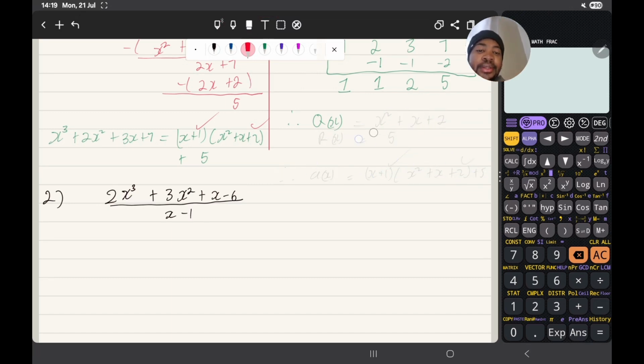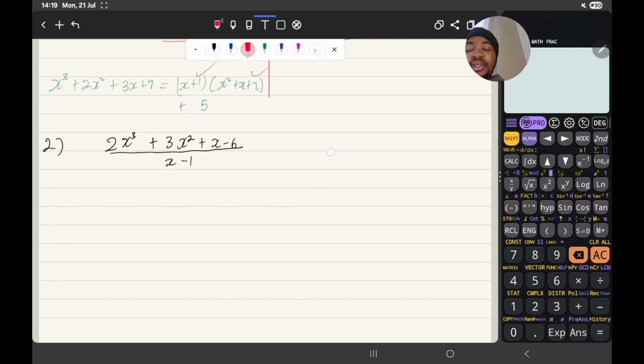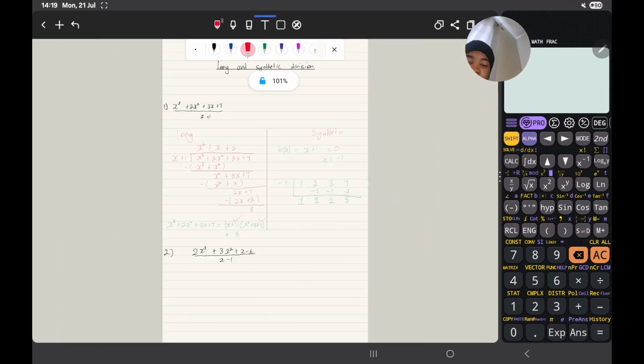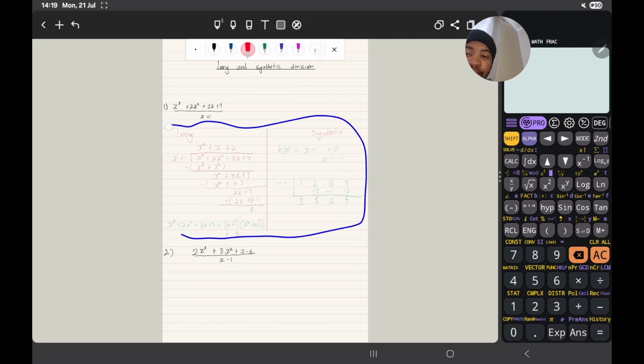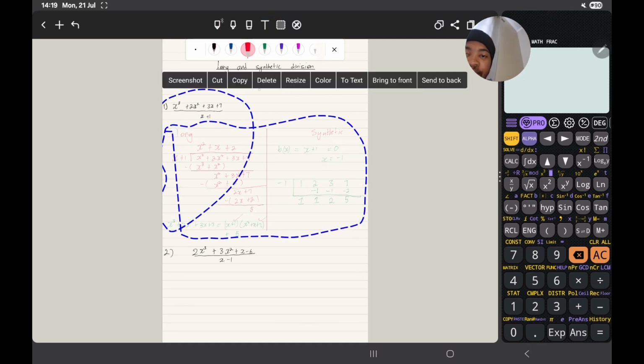Let's focus on this other example. I think I'm going to need more space, so delete.